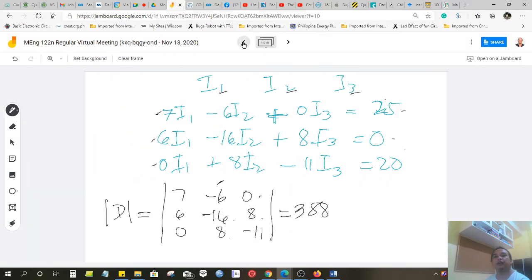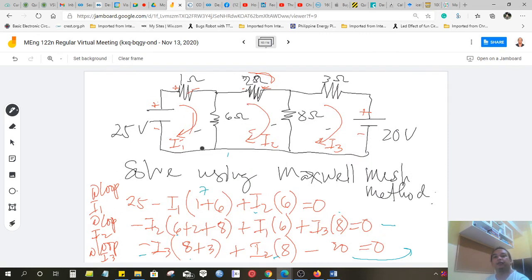If we go back to our example, we have two sources here: the 25 volt and the 20 volts. Now, in the superposition theorem, we can get the values of, for example, the current in 6 ohm and 8 ohms by setting one voltage source at a time.